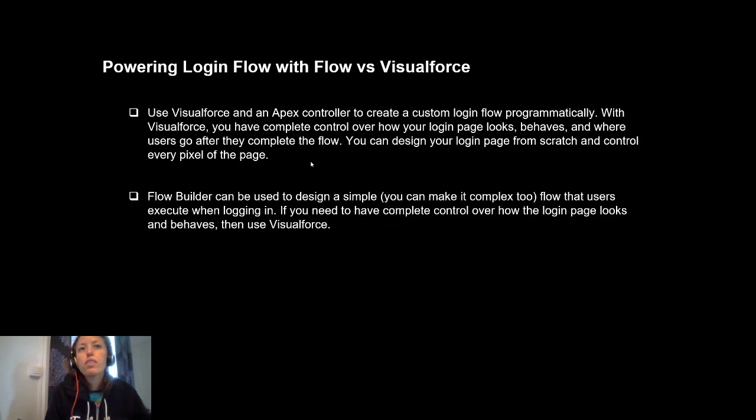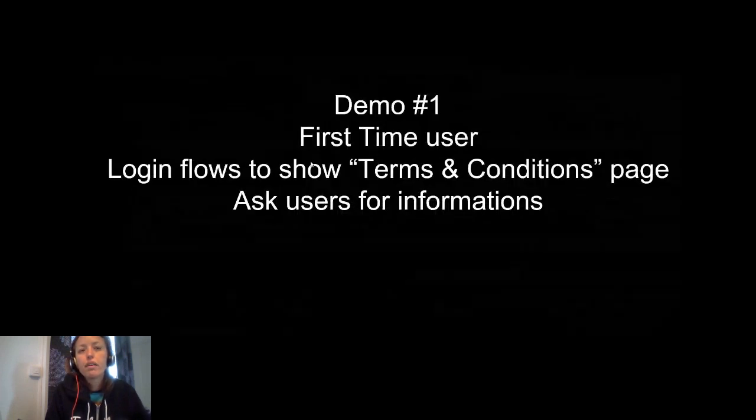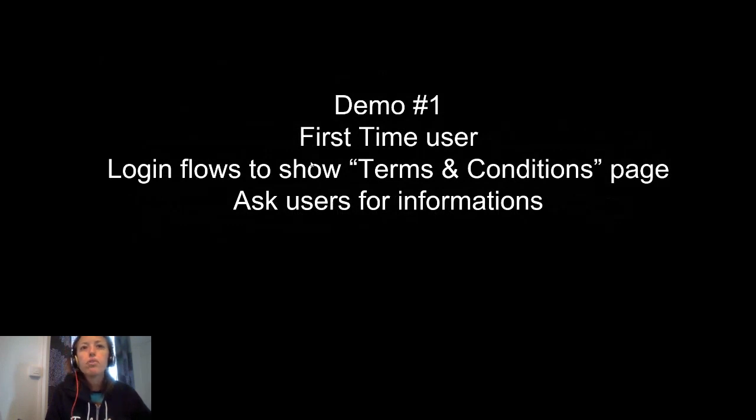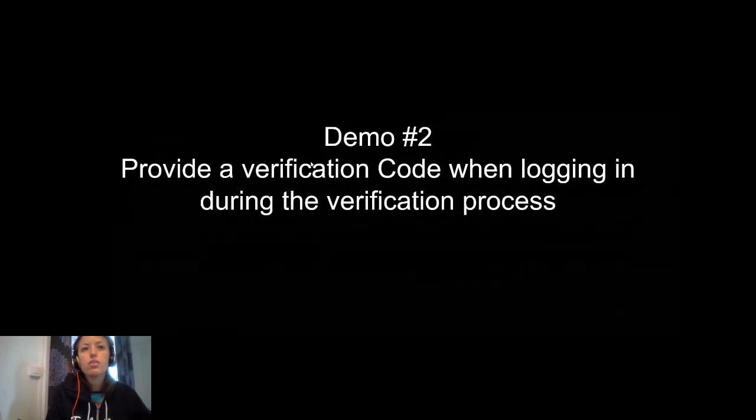So let's start with the demo. I prepared three use cases. The first one is a login flow that shows the partner's terms and conditions page to the user for acceptance. The second use case is multi-factor authentication by providing a verification code that we send by email to our users.